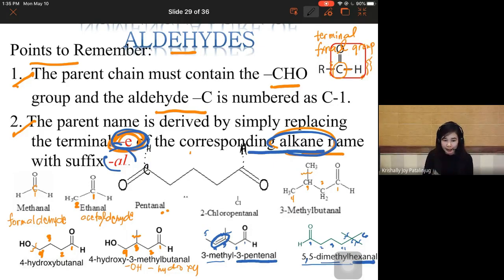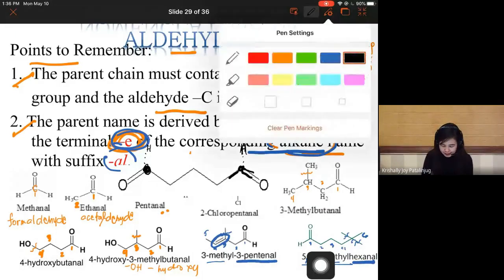If you analyze the number of bonds for this carbon that I encircled in black, you can see three bonds: 1, 2, 3. So the hydrogen is imaginary. That is an aldehyde.